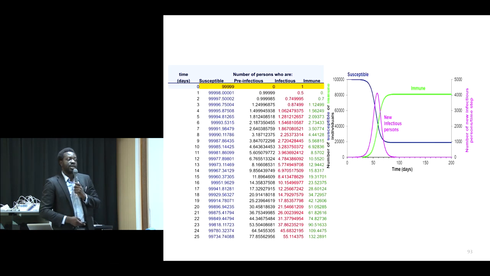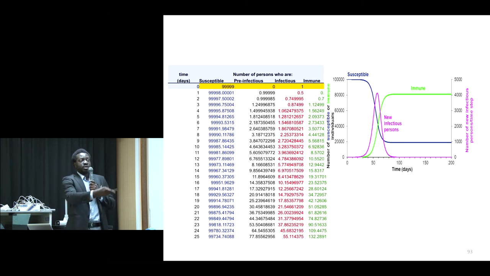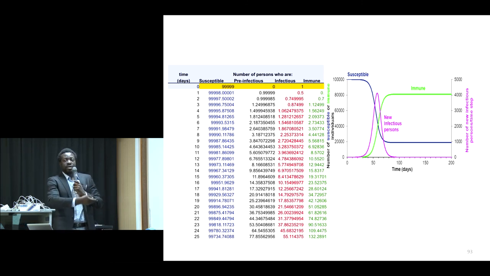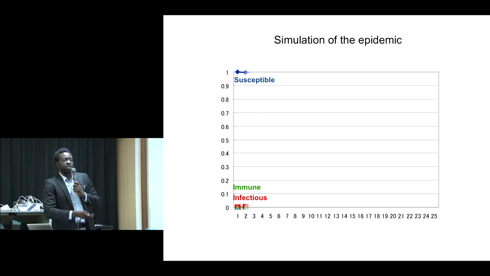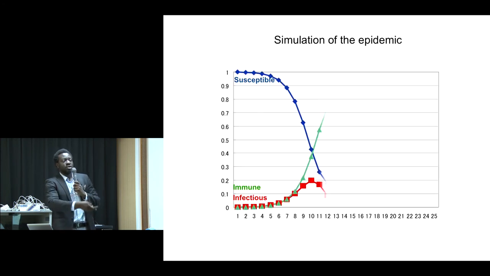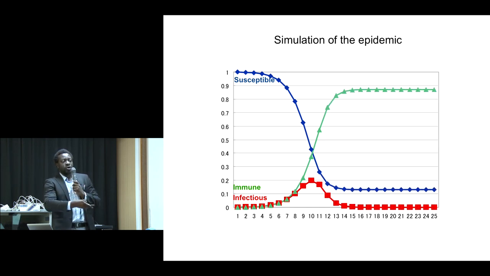For example, for this exercise, with just Excel you can have this kind of estimation. This is just a simulation of how the transmission can happen over time: the number of infectious, the number of immune, and the number of susceptible.